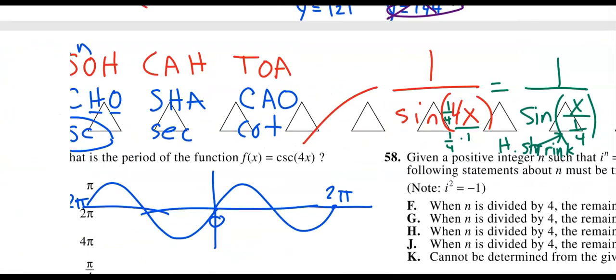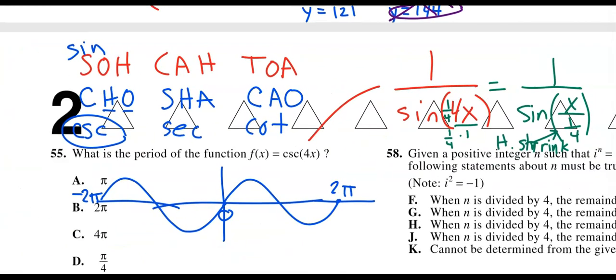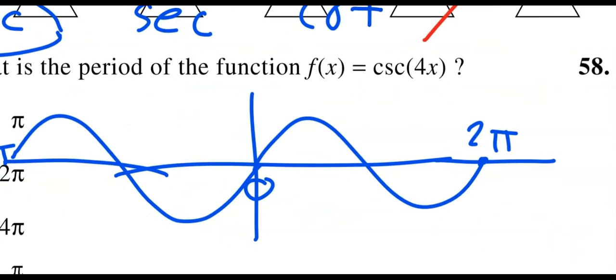So if you think of this sine function and you shrink it down by 1/4, what do you get? Now, do you have a graphing calculator here? We'll take a look at that in a second, because that might be a faster way to handle this question.